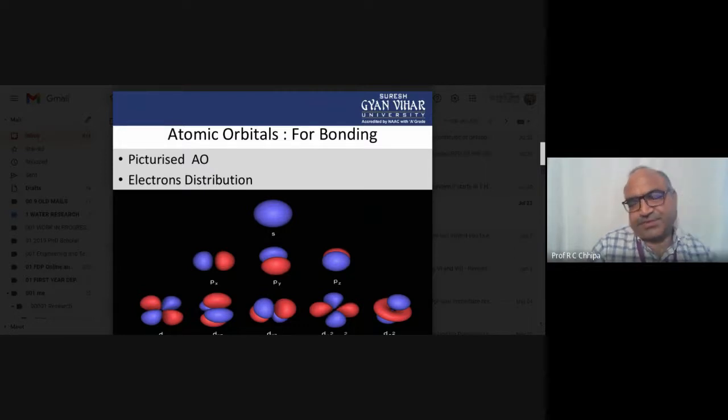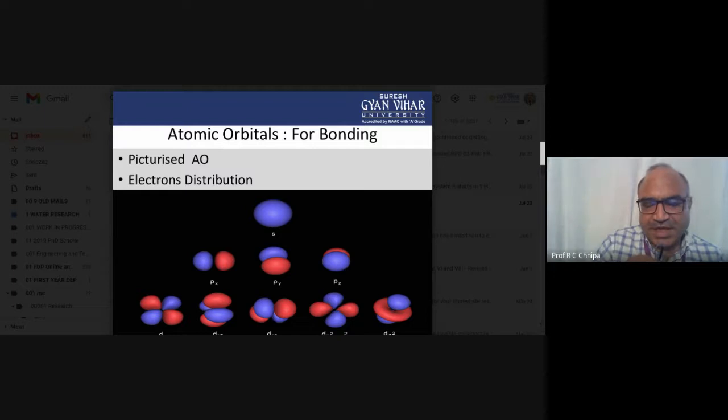Spherical S1, P dumbbell shape, Px, Py, Pz, three dimensions, where the X, the Y, the Z dimension. Similarly, they follow the rules of X, Y, Z. And here Px means the X.